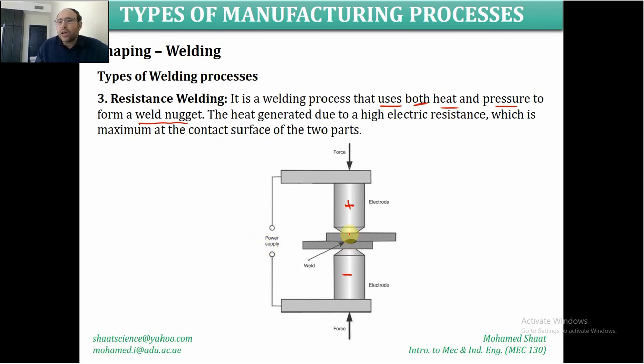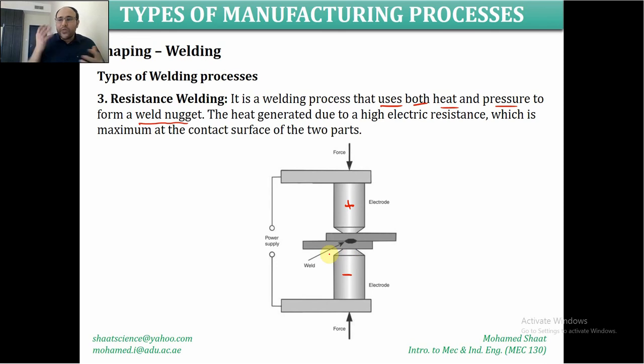And here we are not depending on the ease of allowing the electricity to move, but it depends on the resistance of the electrode material in addition to the resistance of the two parts that shall be welded together to allow the electricity to go through the positive and negative electrodes. As this resistance to the electricity increases, the amount of heat generated will be higher, will be bigger.